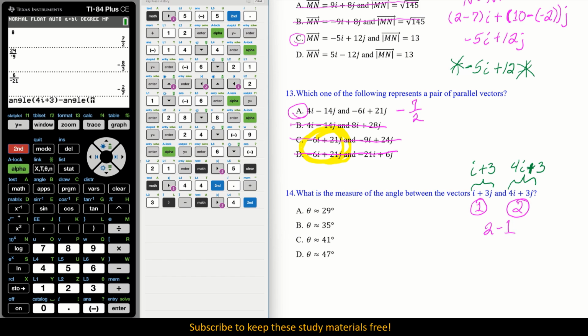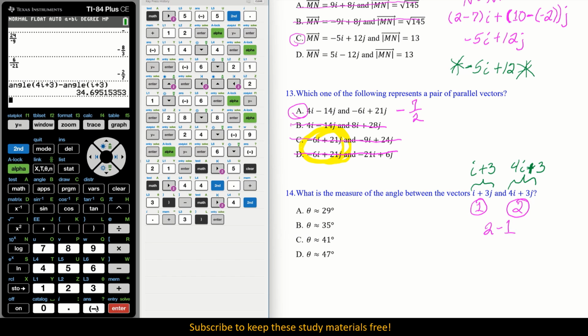Now I put in second i plus 3, close my parentheses, double check my entries that I'm taking the first vector angle minus the second vector angle, and I push enter. And there you go, we round it, and it will be option B.